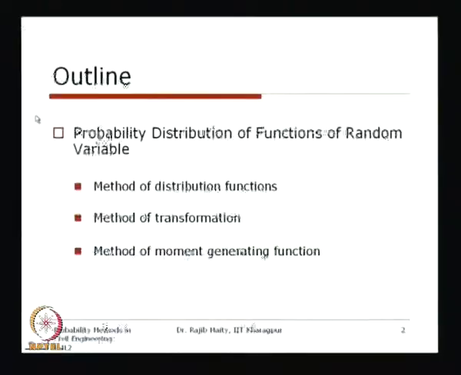The first is the method of distribution function, then the method of transformation, and then the method of moment generating function. First we will discuss the method of distribution function.